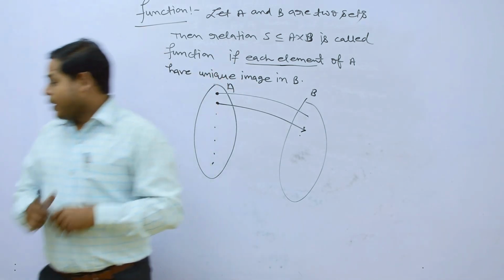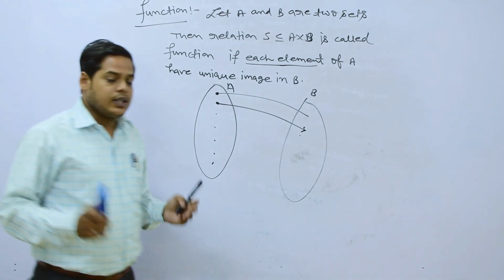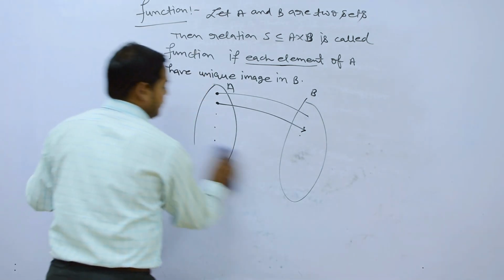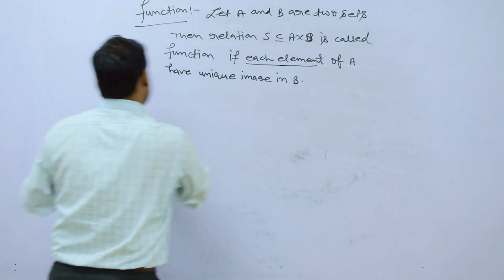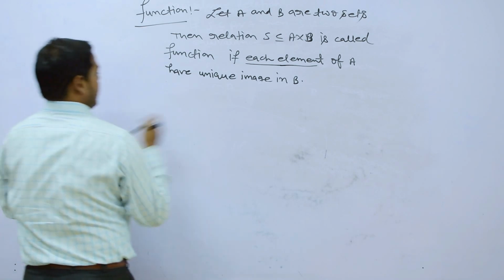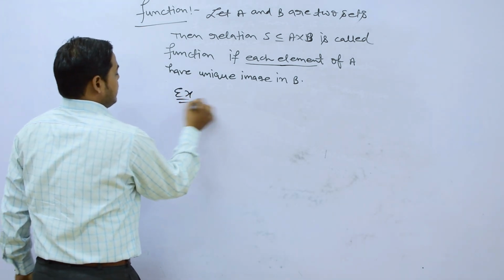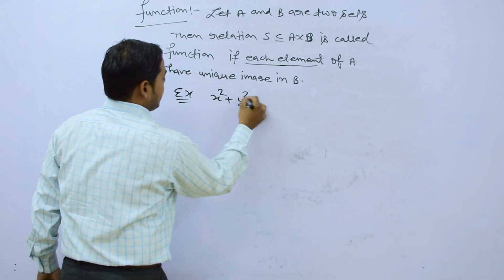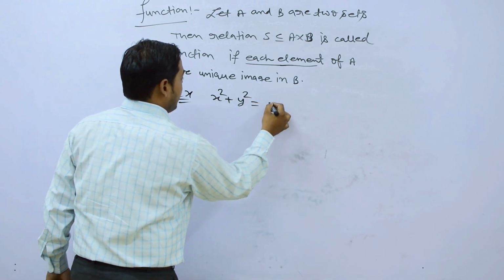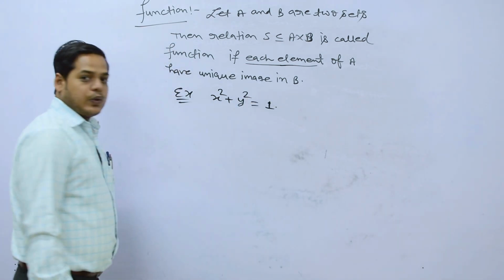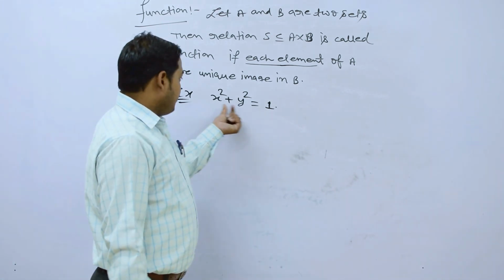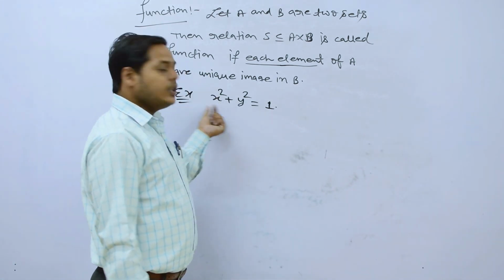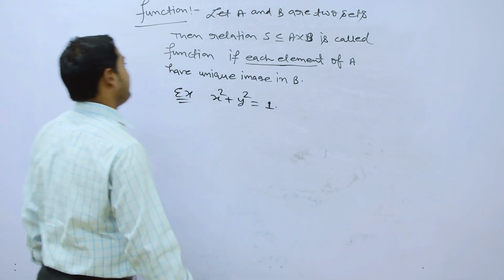Now we see whether the equation of a circle is a function or not. If we take the example, this is the equation of a circle, x square plus y square equal to 1, with the center at origin and radius equal to 1.